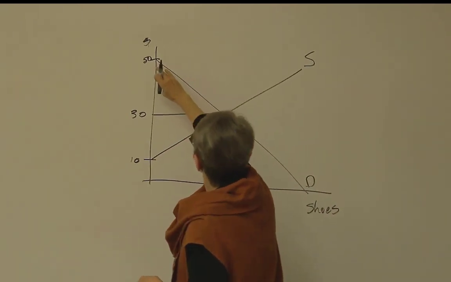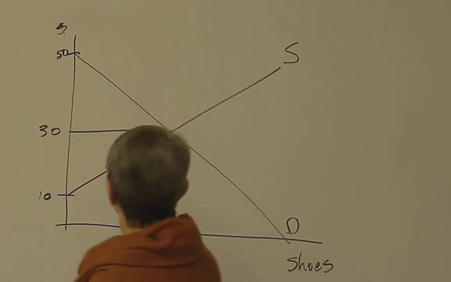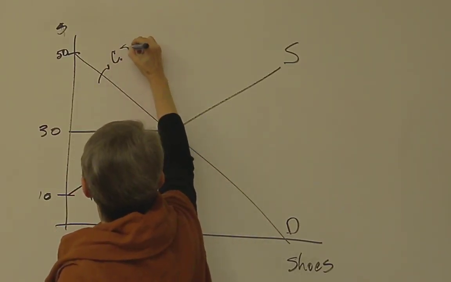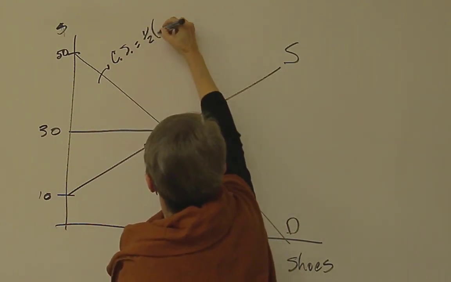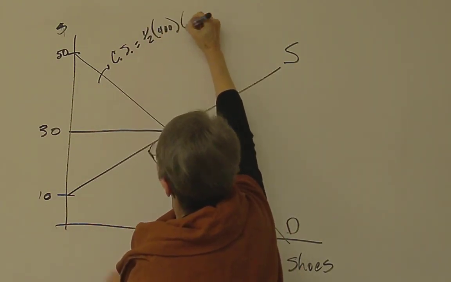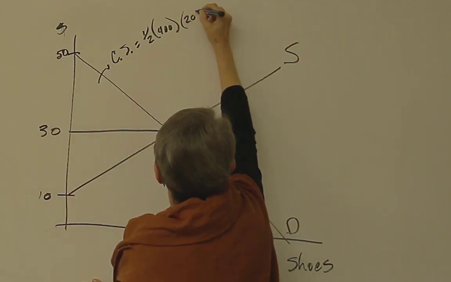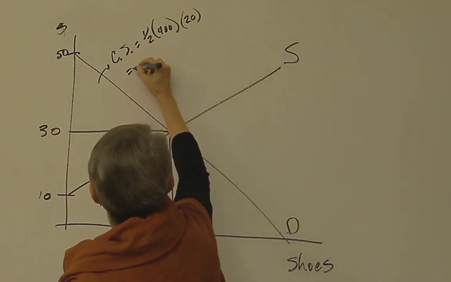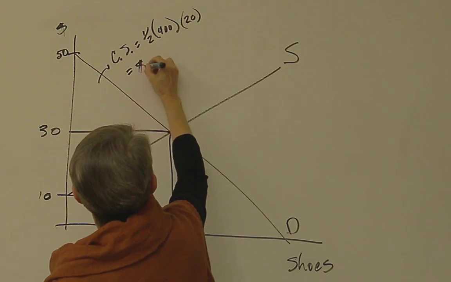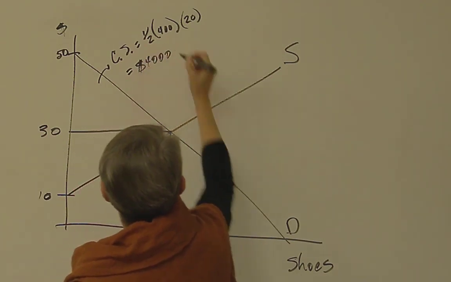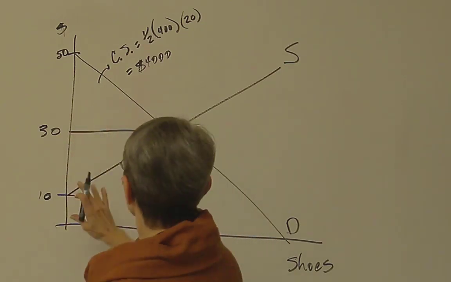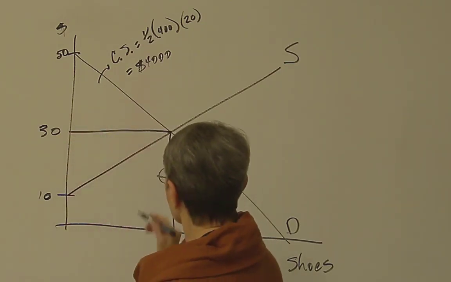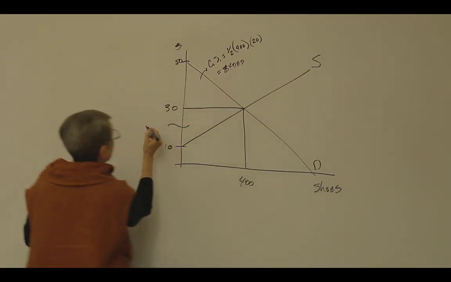Consumer surplus is this area right here. So consumer surplus is equal to 1/2 the base, 400, times the height, which is 20. So that equals $4,000. So consumer surplus in this economy is $4,000. Producer surplus is this area down here.